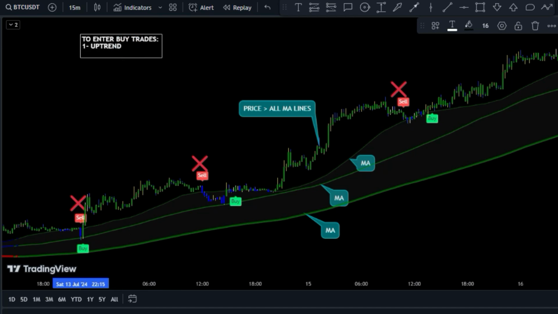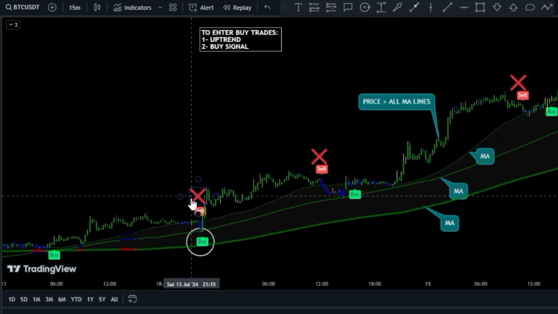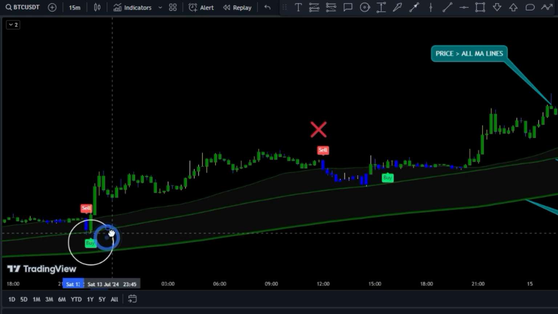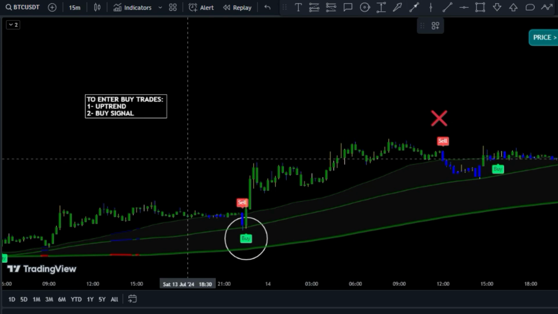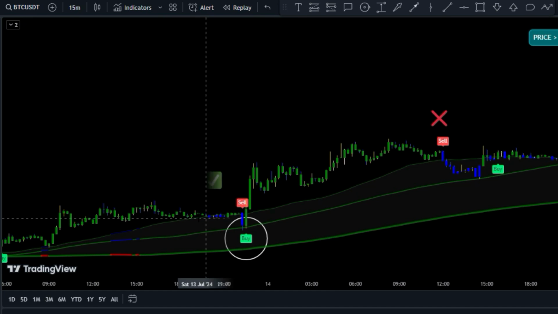Once you've established an uptrend, keep an eye out for a buy signal. If you spot one and all the necessary conditions are met, it's time to enter the buy trade with confidence.